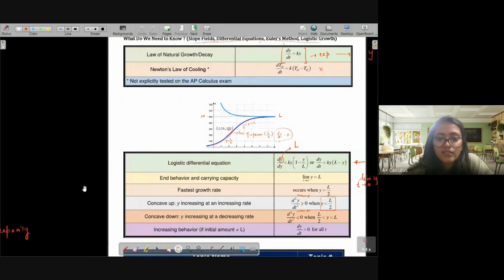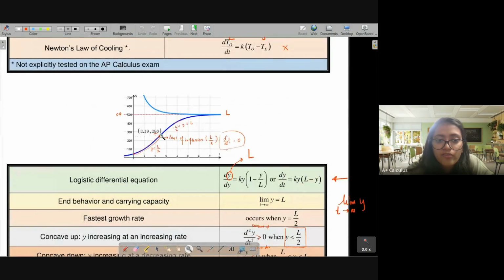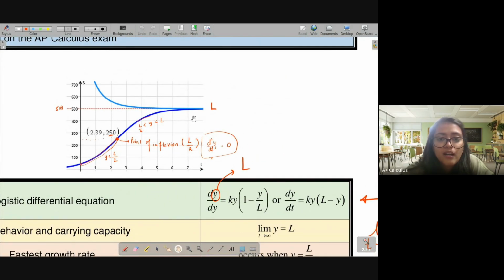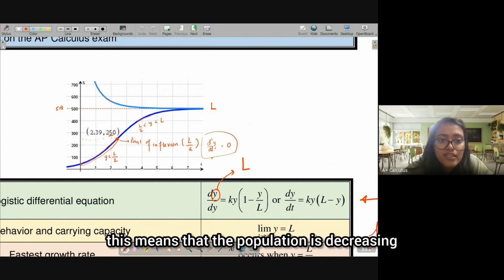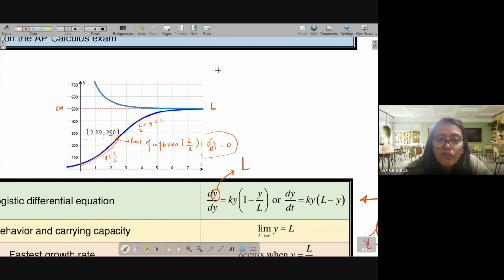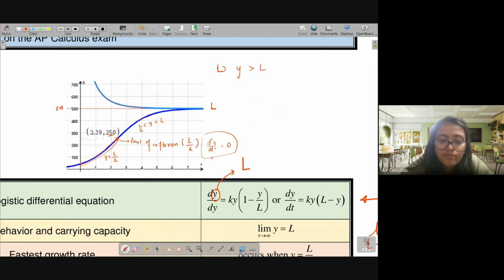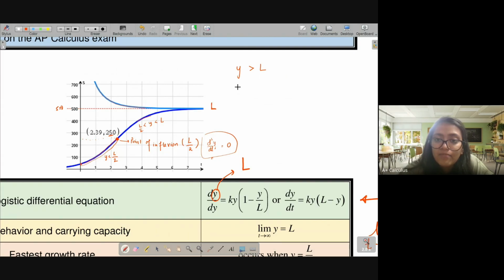It is correct. This is the complete graph of a logistic differential equation. Beyond this point, above L, the population is decreasing. When Y is greater than L, Y will be decreasing.